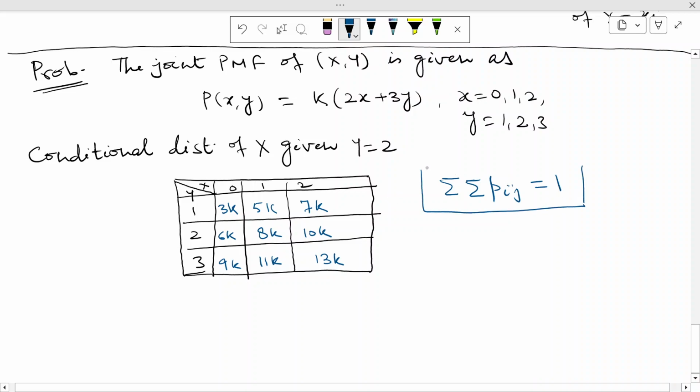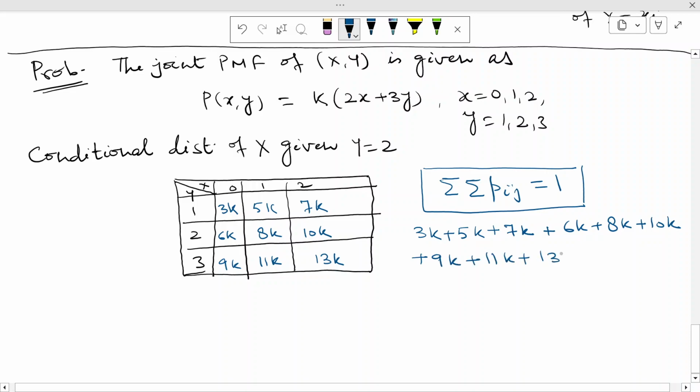So we are having 3k plus 5k plus 7k, these are the values in the first row, and next we are having 6k plus 8k plus 10k plus 9k plus 11k plus 13k.